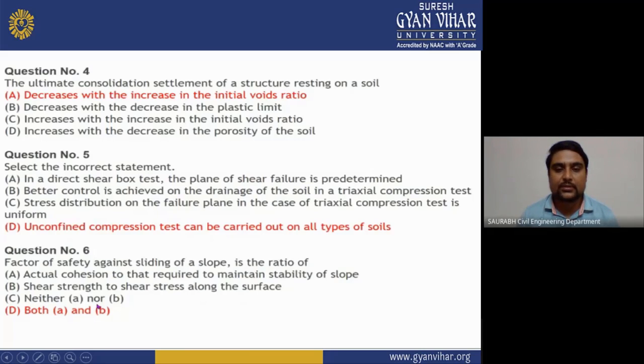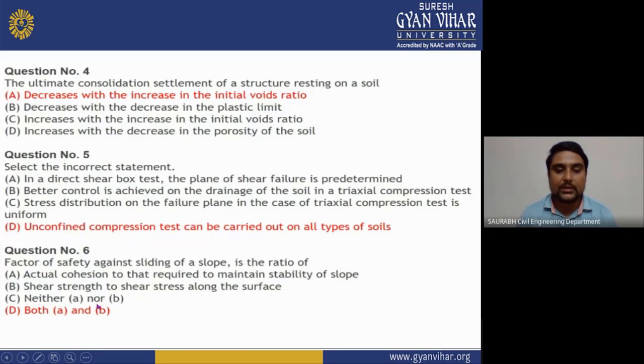Stress distribution on the failure plane in the triaxial compression test is uniform. Unconfined compressive test can be carried out on all types of soil. Here the right answer will be D. As you can see, D will be your right answer. This statement is incorrect.